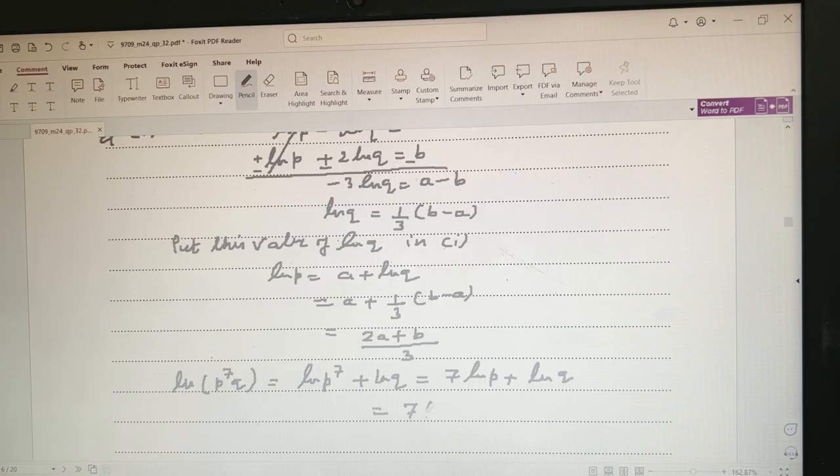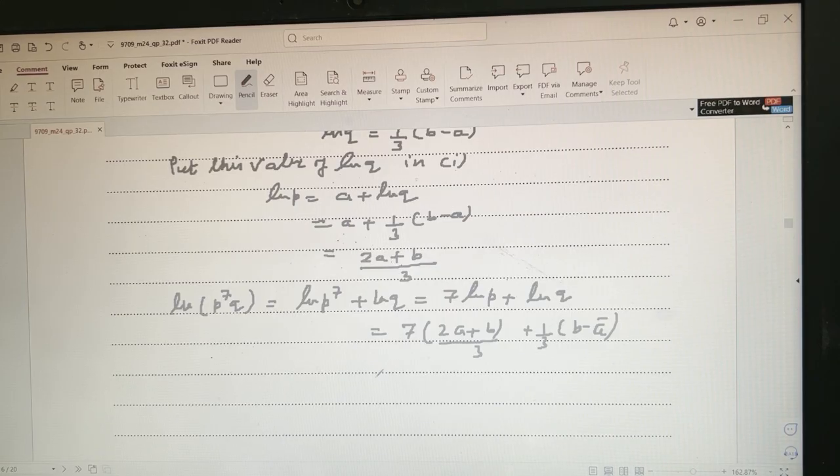Ln p is 2a plus b over 3. Ln q is 1 over 3 times b minus a. LCM is 3, so it will become 14a plus 7b plus b minus a over 3. 14 minus 1, a will become 13a plus 8b over 3. This will be the value of ln of p to the power 7 into q.